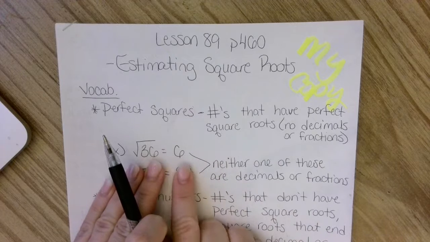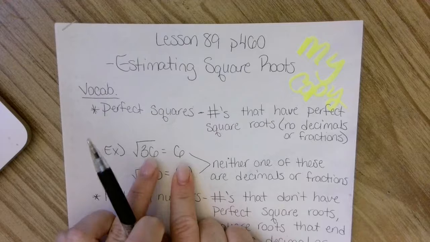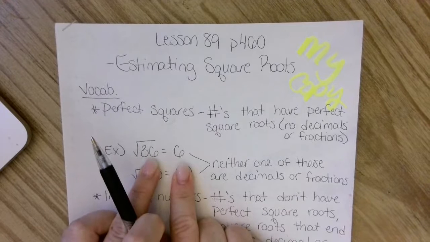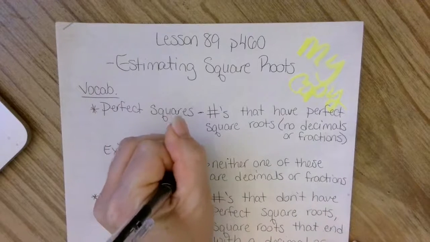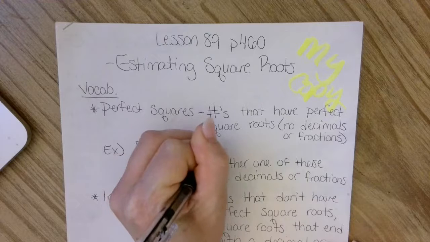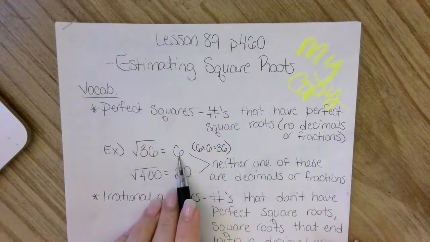Just speaking from experience, I know that 6 times 6 gives me 36. So the square root of 36 is 6. And I can even put in parentheses 6 times 6 equals 36. So that is why I know that my square root is 6.